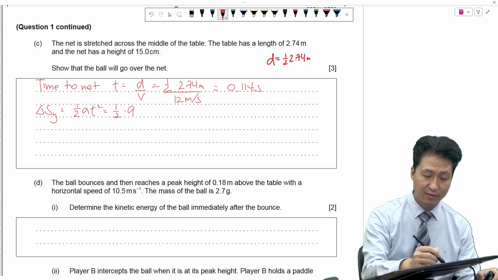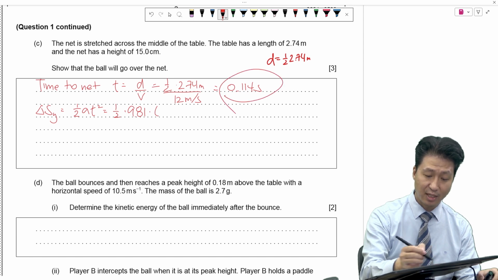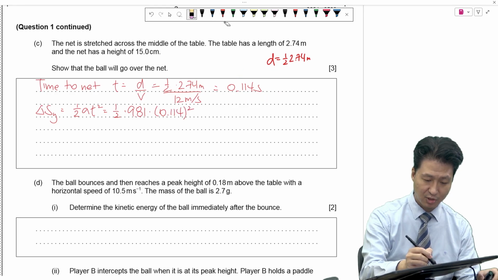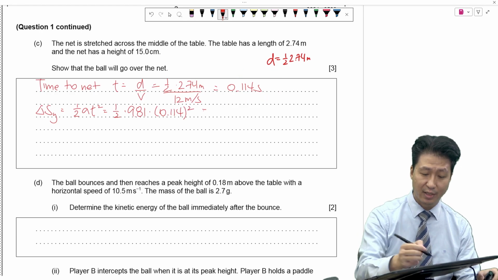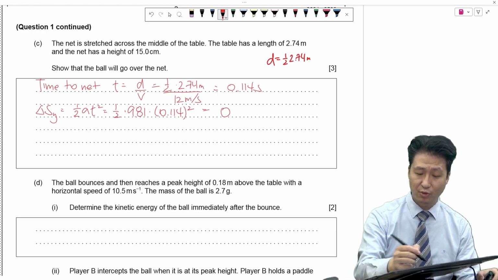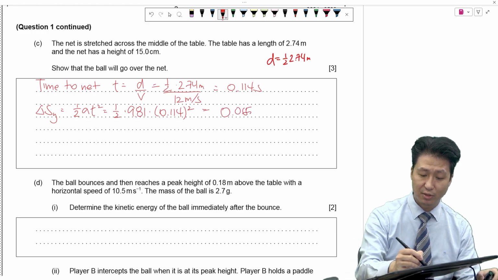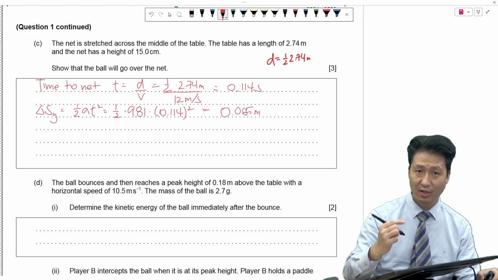This is 1/2 times the gravitational acceleration, 9.81, times the time of 0.114 seconds squared. This means the ball is able to drop 0.065 meters, which is 6.5 centimeters from the initial height.